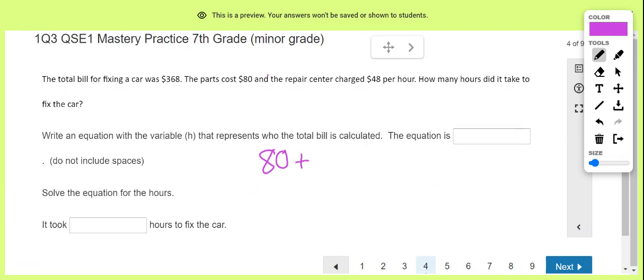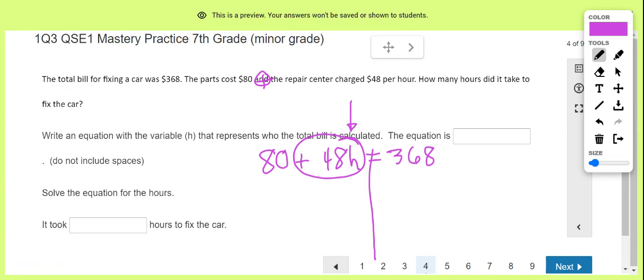$80 and $48 times each hour to 368. So now we are going to focus on our variable term and then start solving. We need some number of hours as our input.